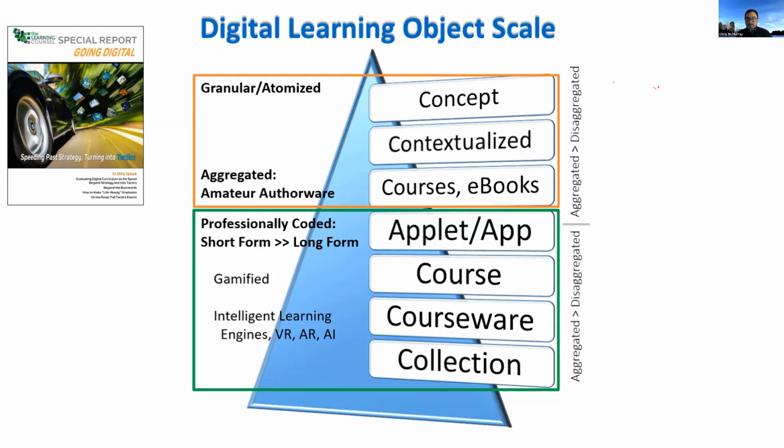And so in the same way that the last graphic went through sort of a sophistication scale, this one really starts to think about, well, how granular are these pieces, and how are they contextualized within larger worlds and experiences? And so at the very top, you look at the concept level, and this is all thinking through what content might be in that object.